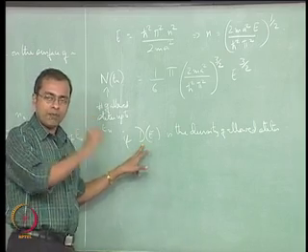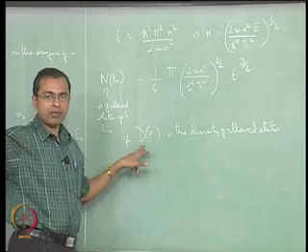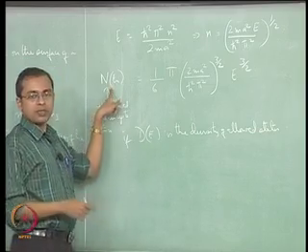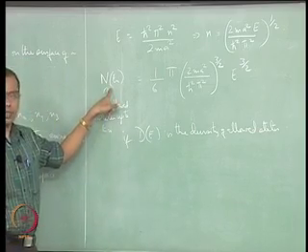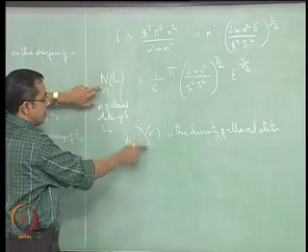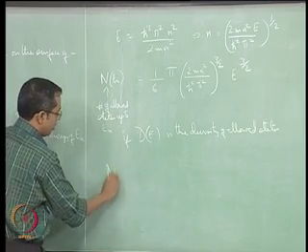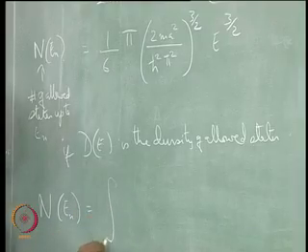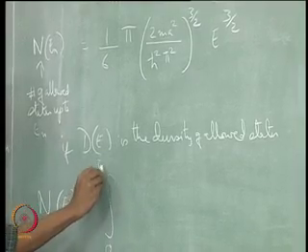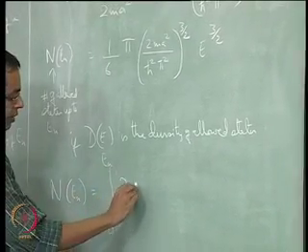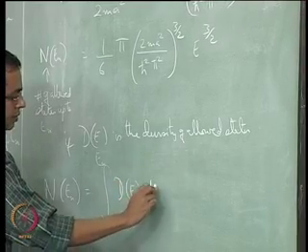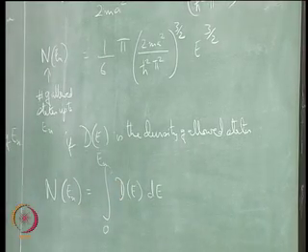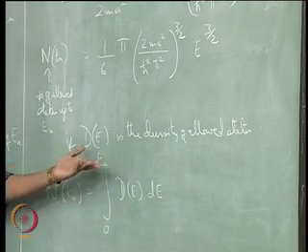If you integrate that from 0 all the way up to an upper energy level of E n, you should get the total number of allowed states up to that energy level E n. So that is how these two relate to each other. So n of E n is simply the integral from 0 to E n of D of E dE, based on definition.